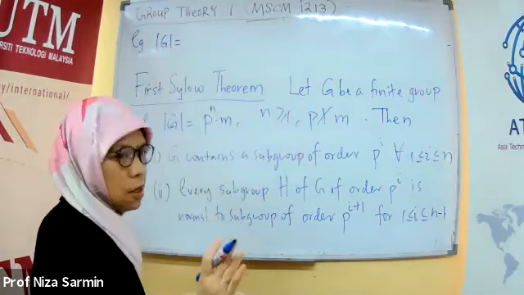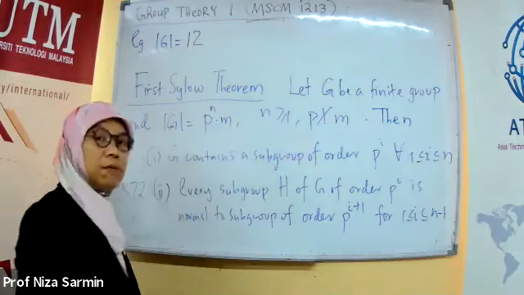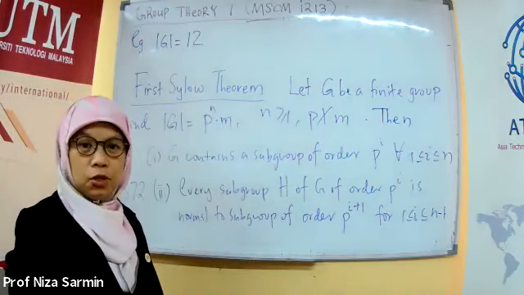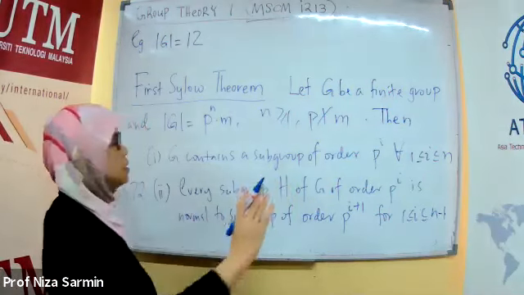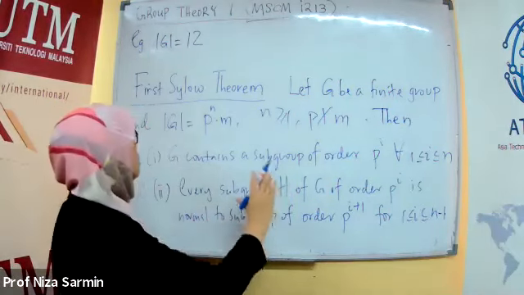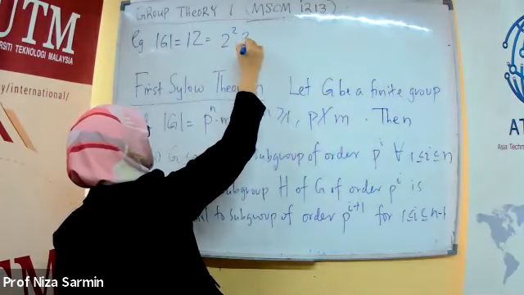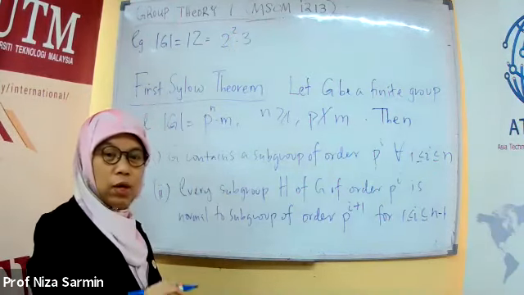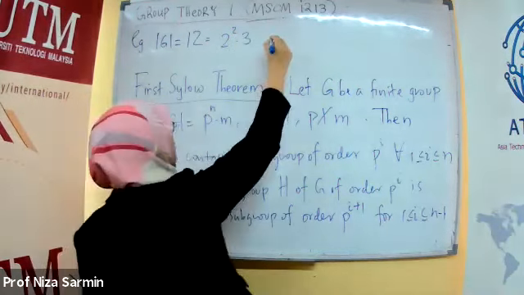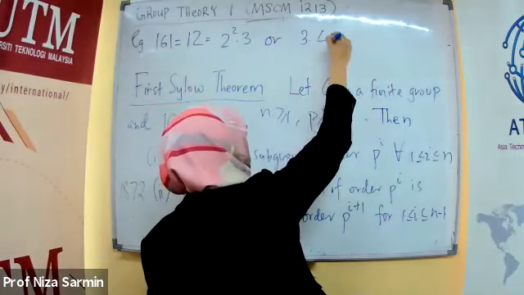This is the example that I give, the order of G. Let me start with one simple one. Suppose 12. To match the first Sylow theorem, you can write this as 2 squared times 3, or you can write this as 3 times 4.